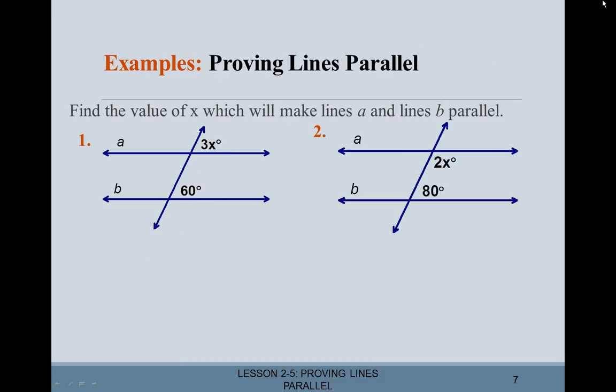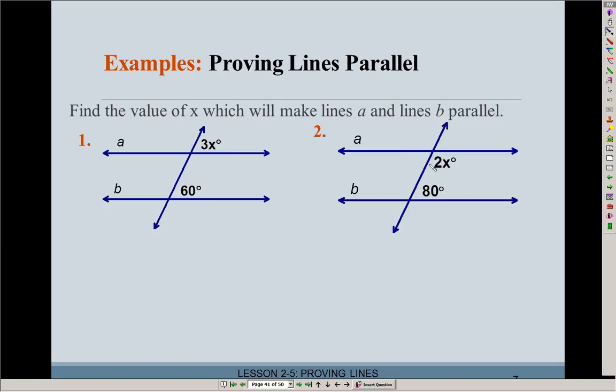How about this pair? They're on the same side of the transversal, in between the two lines. These are same side interior angles. They're not congruent. They've got to be supplementary. So these two angles have to add up to 180 because consecutive interior or same side interior, if you call them that, those have to be supplementary.